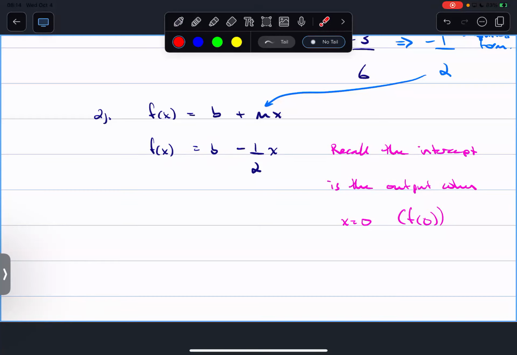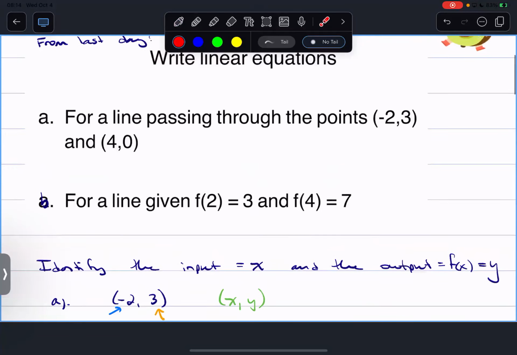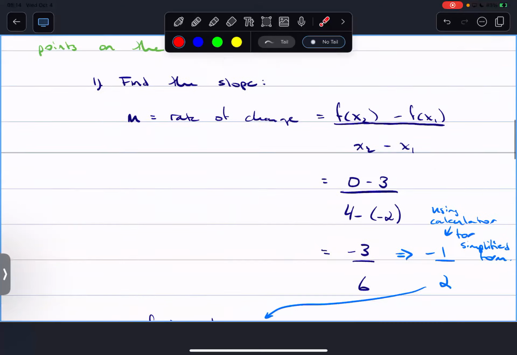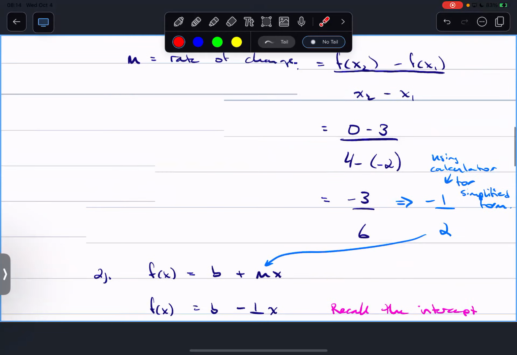Okay, so with a little bit of luck, we've been given the output when x is 0. Let's see. Oh, darn. We were not. We have the output when it is 0, which is also an intercept, but not the right one. So what do we need to do? Well, I have input-output combinations. In fact, I have 2 of them, right? I know, well, now I've forgotten what they are.